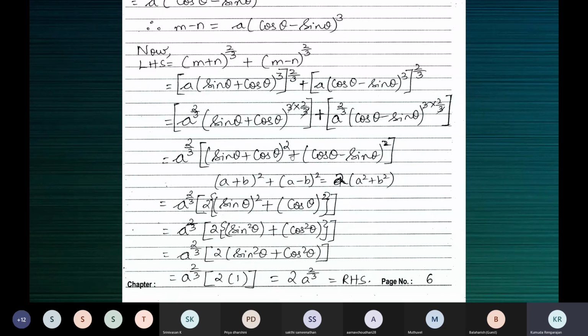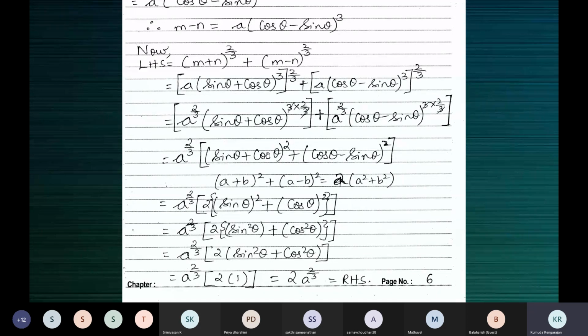Cos theta plus sine theta the whole square plus cos theta minus sine theta the whole square is equal to 2 of a square plus b square. So this one which is common comes out. In the bracket, a plus b whole square plus a minus b the whole square is 2 of a square plus b square. What is a?